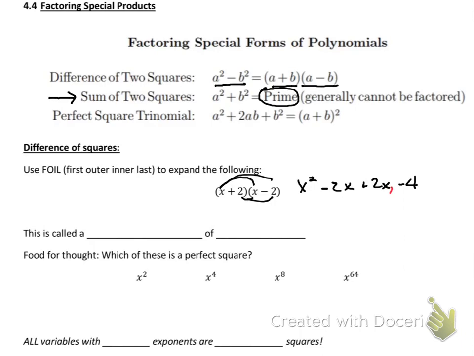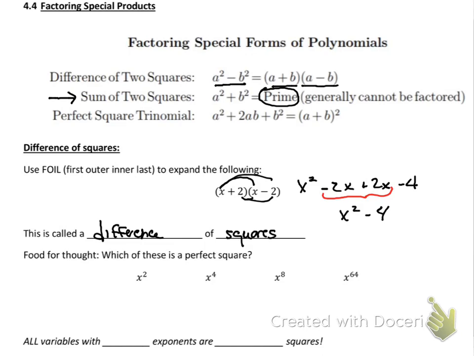We also discovered that when we have identical binomials but opposite signs, the inner terms cancel out, leaving us with 2 perfect squares that are being subtracted from each other. Okay, so this is called a difference of 2 squares, or simply a difference of squares.